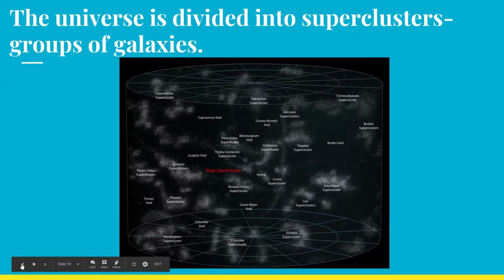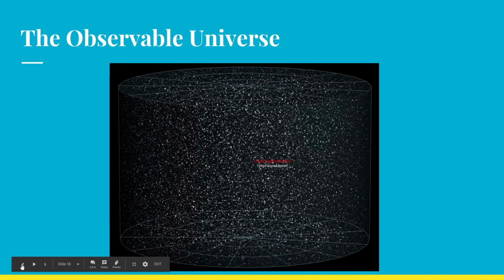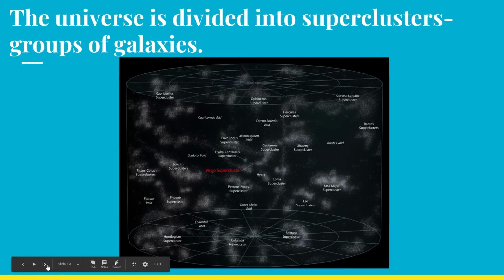So just to recap, there's the observable universe. Inside the observable universe, we have the Virgo supercluster. You can think of it like the country and then it's divided into states. So the universe is the United States, and then each of these superclusters is a state. So maybe we live in Georgia in the Virgo supercluster.